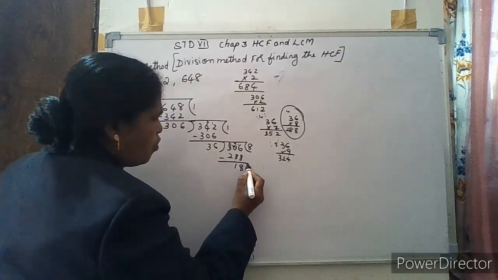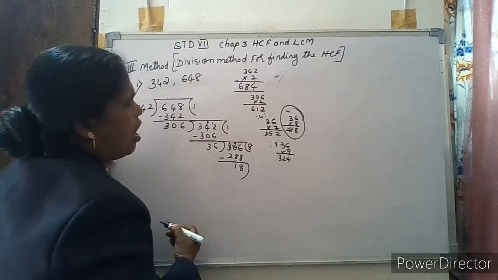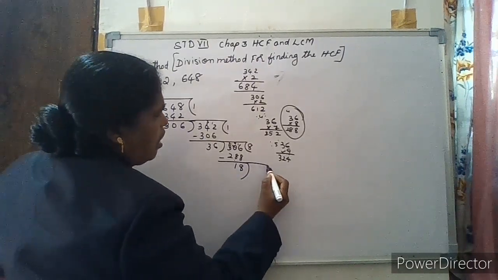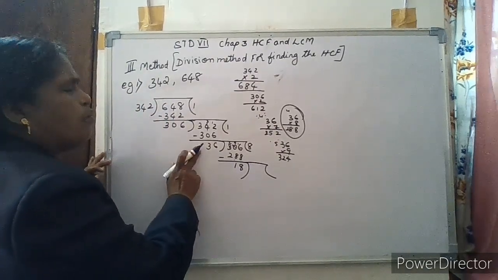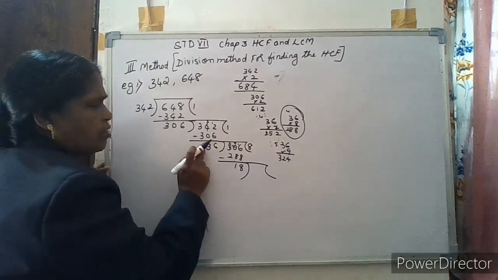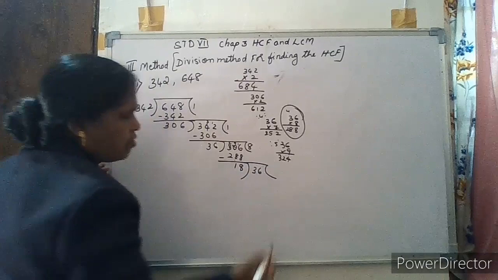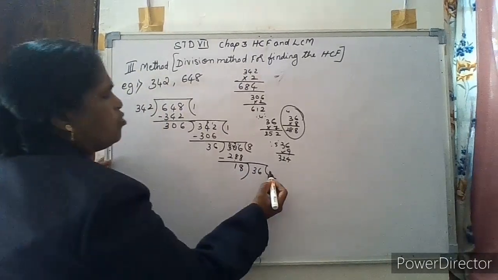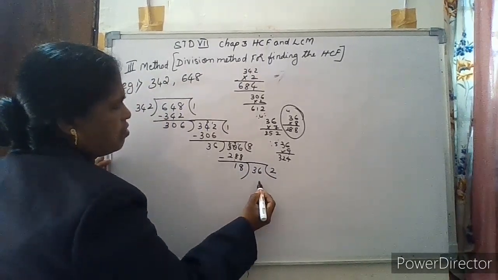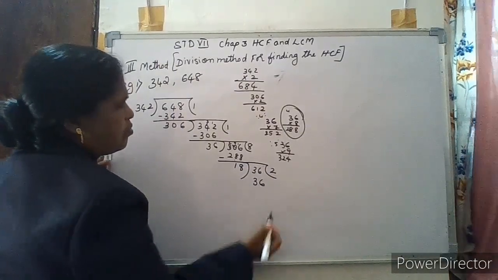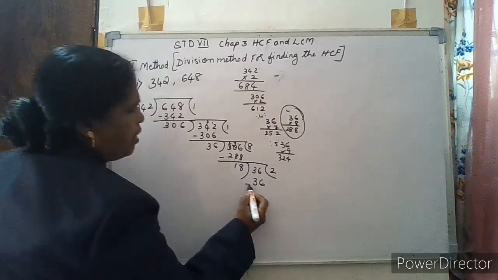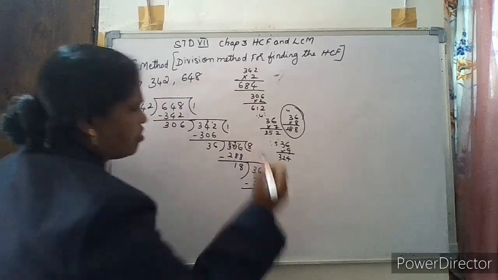Understood. So again this would be the divisor and the previous divisor would be the dividend. Here this 36, 18 2s is 36. Minus, I have got 0.